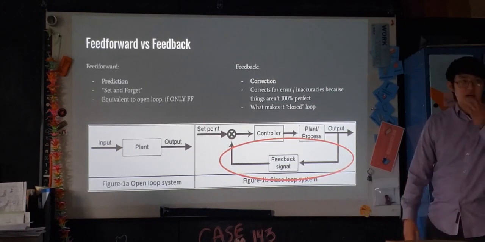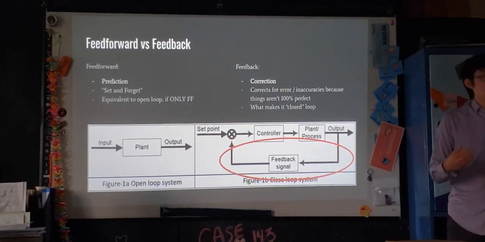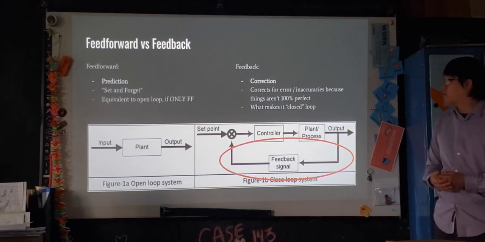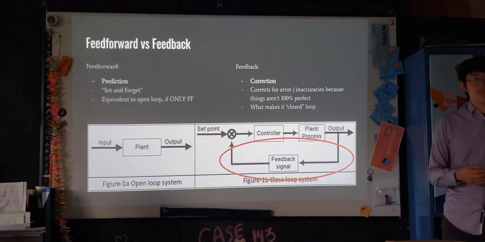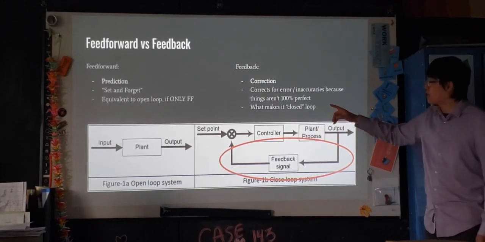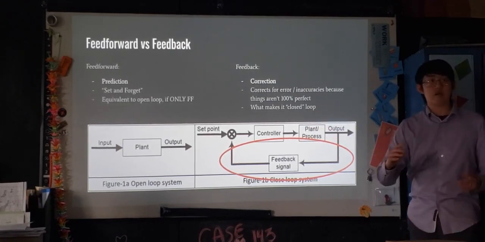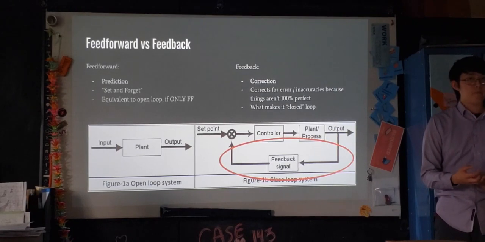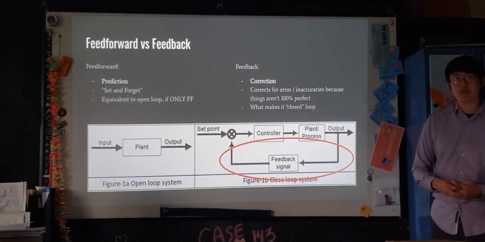Feedback, the difference is that feedback is a correction algorithm. Feedback will correct for any error that comes after feed forward. So again, things don't always go 100% accurately. Feed forward can try to predict the necessary voltage to reach the set point that you ask it to reach.